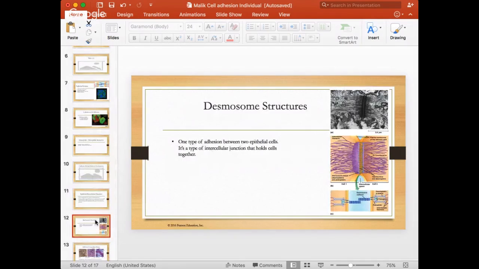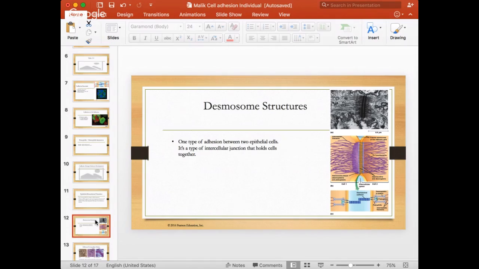So we also have the desmosome structures. It's one type of adhesion between two epithelial cells, a type of intercellular junction that holds cells together. In this figure, you see the desmosome structure holding the joining cells together.